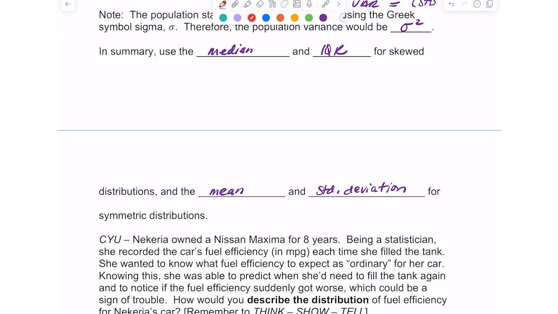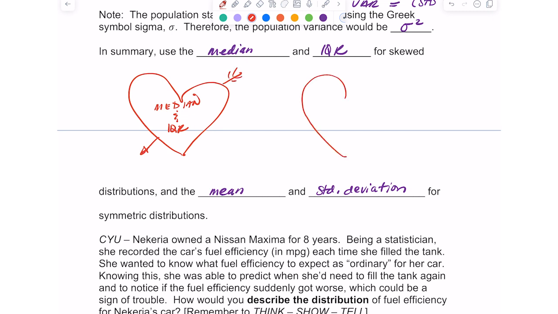So think of it like this. Here's a heart. I know I'm a bad artist. You've got the median and the IQR always together. And then we've got the mean and the standard deviation always together, always and forever.